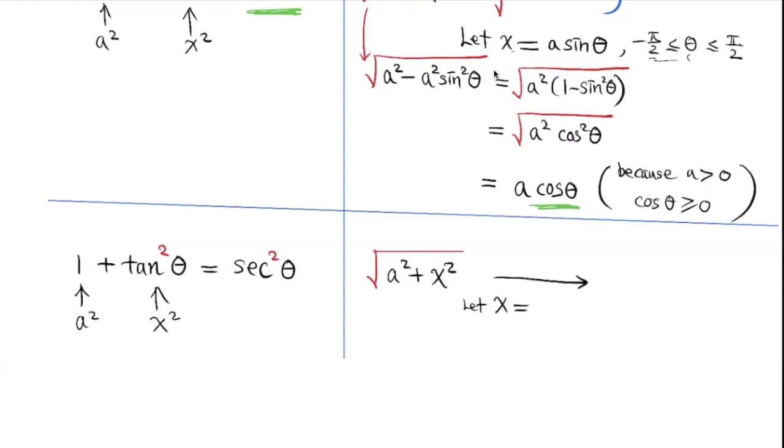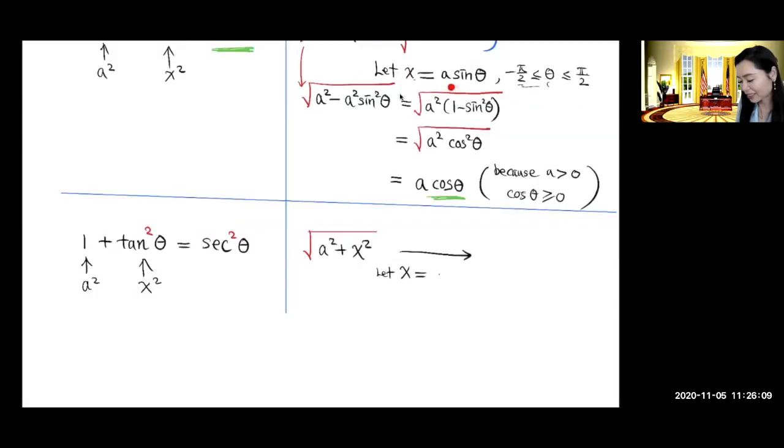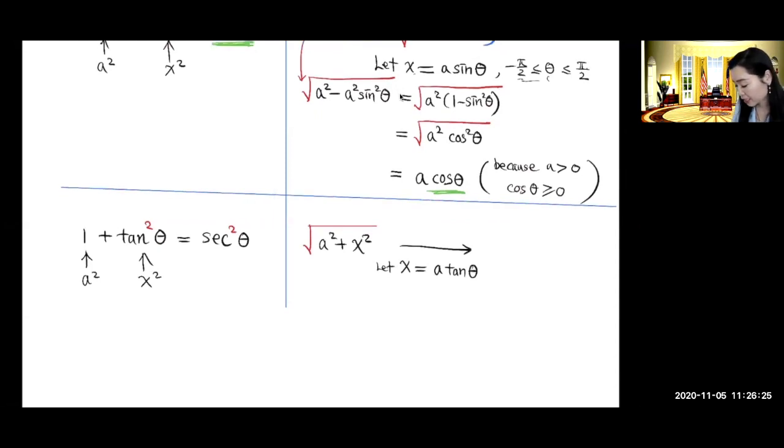Let x go to, look at this example up here, okay? So you need to have x be a times tangent theta, where theta is going to be between negative pi over 2 and pi over 2, okay?